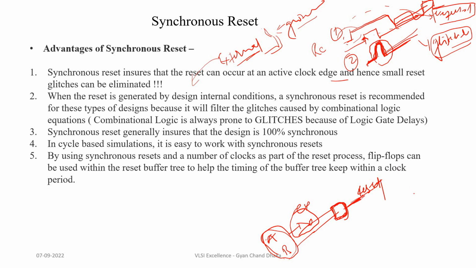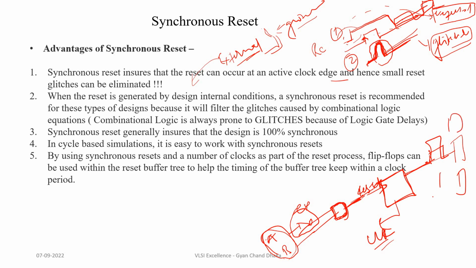So by registering this signal with a flip-flop, we make sure that reset gets synchronized with the clock domain, and then we do not have any kind of pulses or glitches here, and this reset signal can go to all of the real design flip-flops.